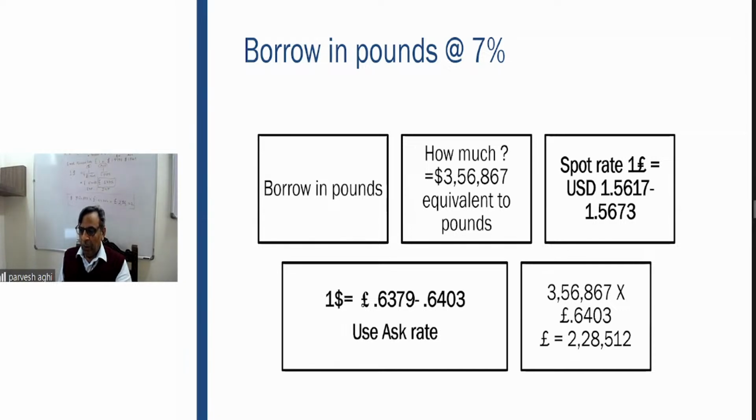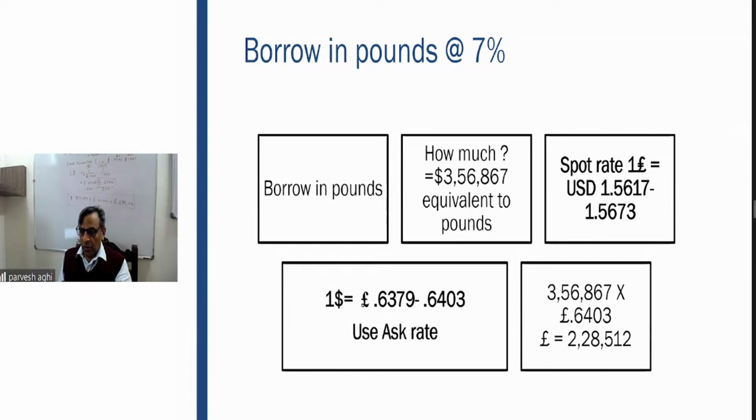We have 1 pound equal to so many US dollars, so this is an indirect quote. So we will convert the rate. $1 will be 0.6379 to 0.6403. We'll use the ask rate here, which is 0.6403, because he is going to buy pounds from the dollars he has.